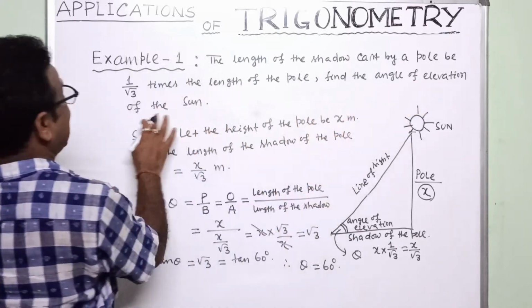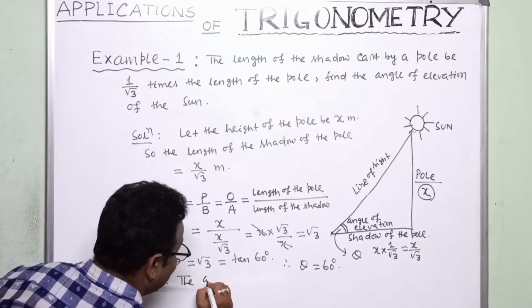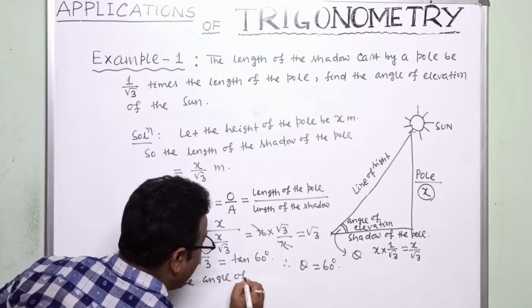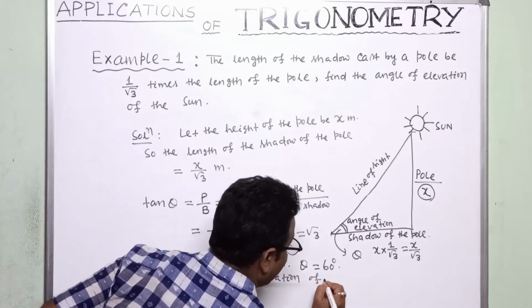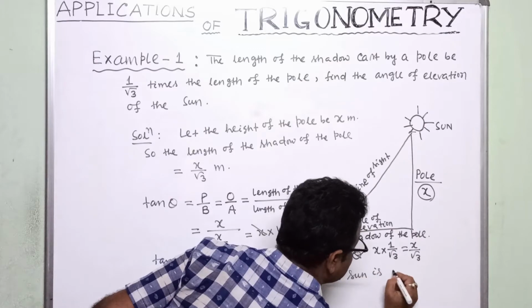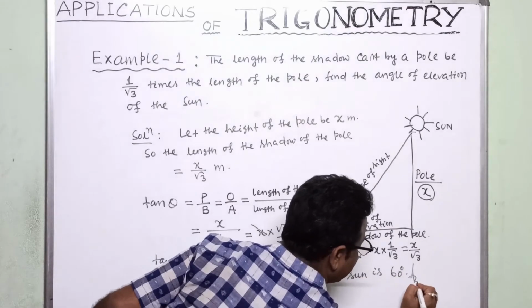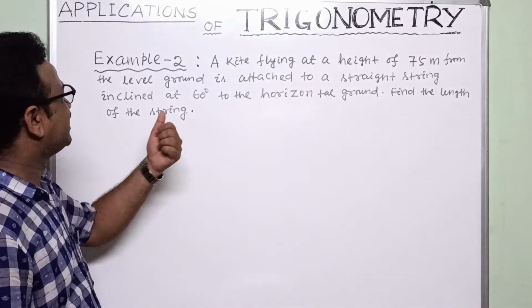Find the angle of elevation of the sun. Therefore, the angle of elevation of the sun is 60 degree. So this is your answer. Now move on to the next example.